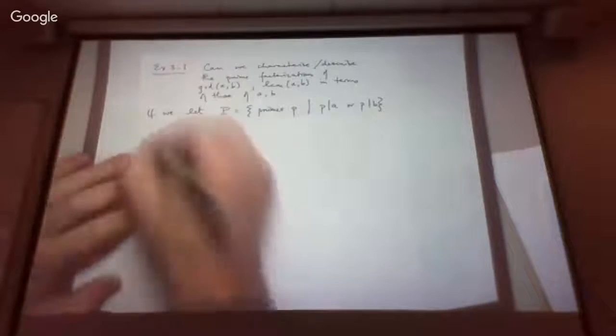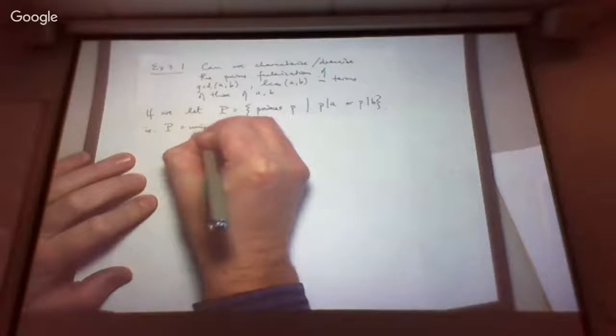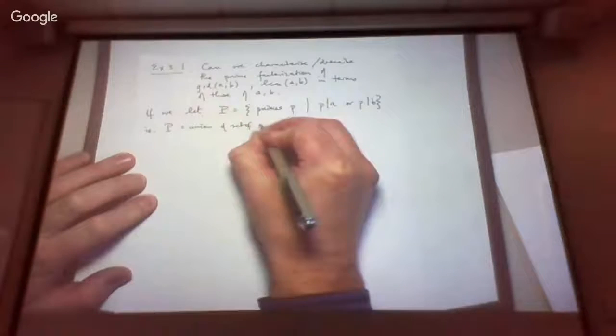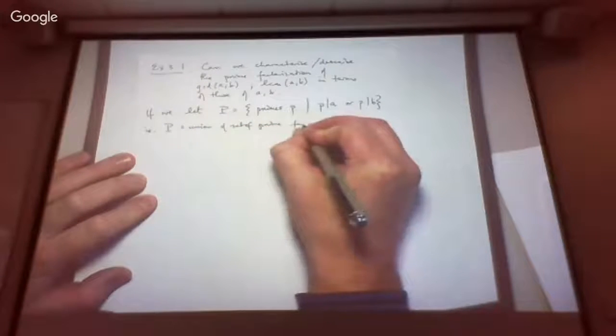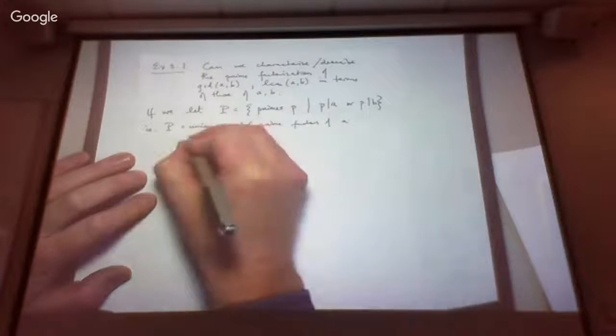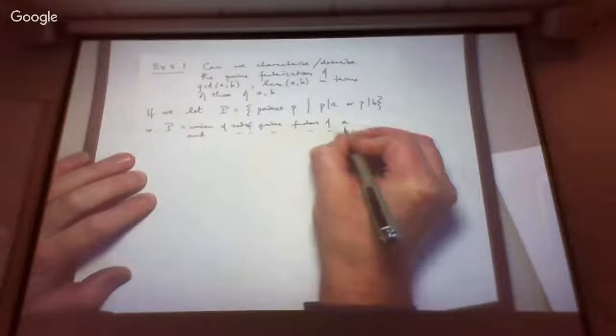So capital P equals the union of the set of prime factors of a and the set of prime factors of b. So inside capital P, we can find all the primes that divide a and all the primes that divide b, and none others.